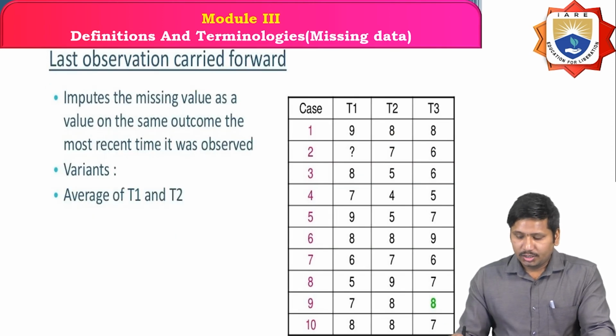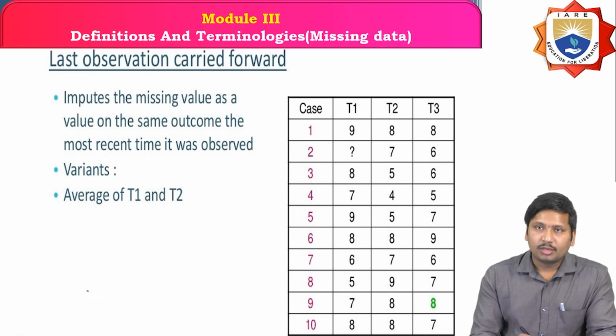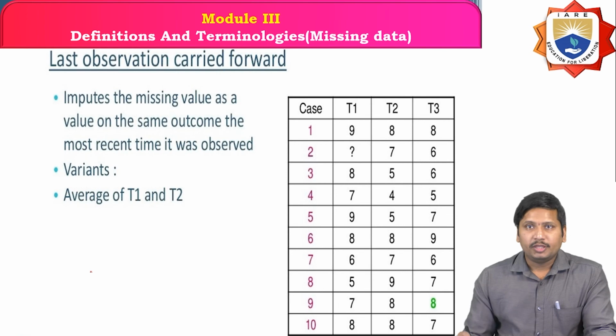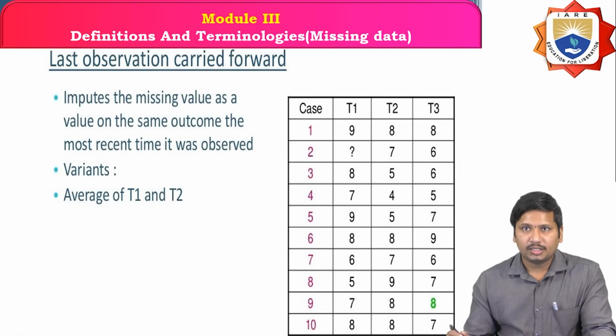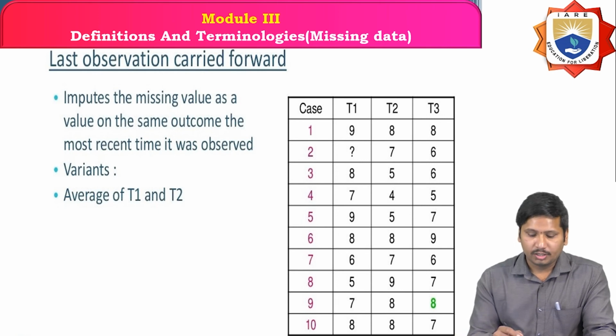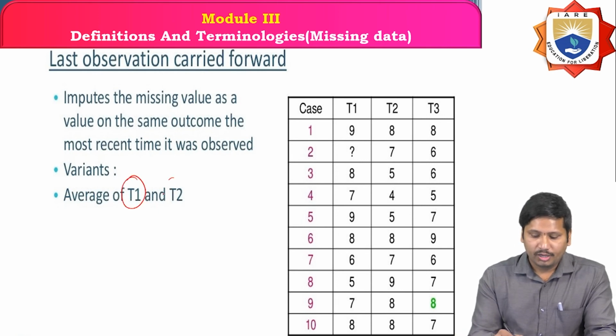And then next one is, what is the last observation carried forward method? According to this method, the missing value we have here is going to be filled with the same outcome of the most recent time we observed.